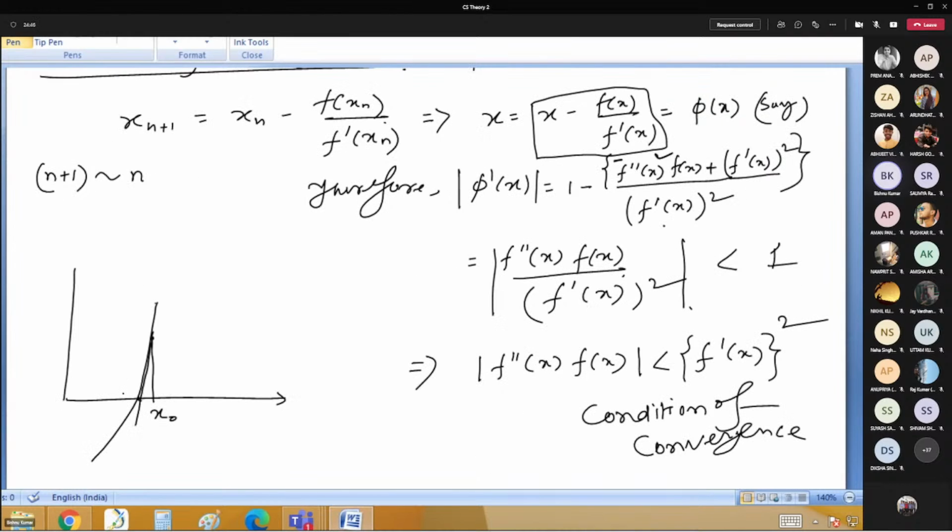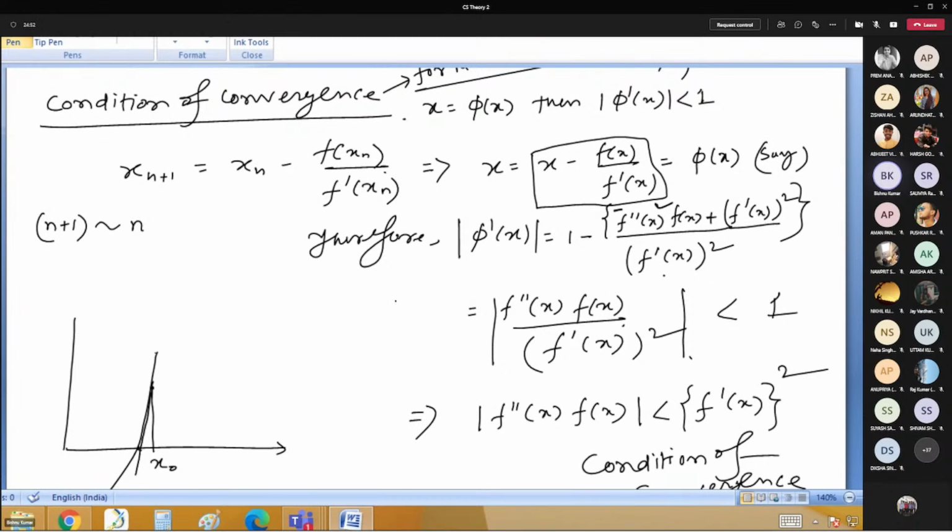So near the original solution, if the graph looks vertical, then its tangent value is like 90 degrees, infinity. Something divided by infinity is 0. At that time your iteration scheme will automatically converge quickly.